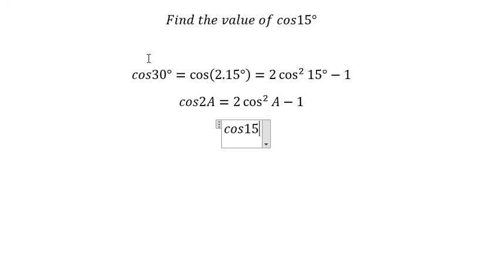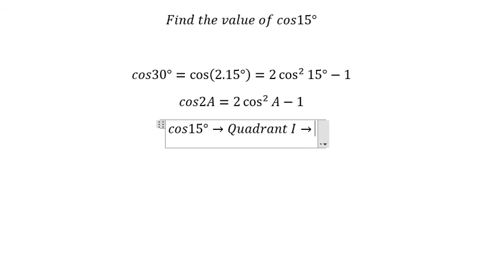cosine 15 degrees. We need to know that 15 is in the first quadrant, so cosine should be greater than 0.